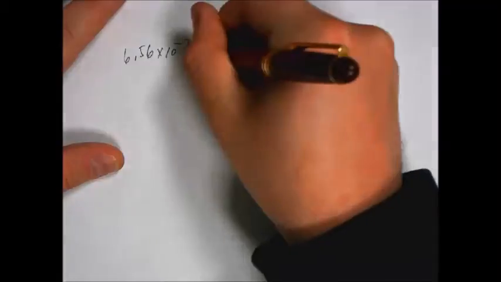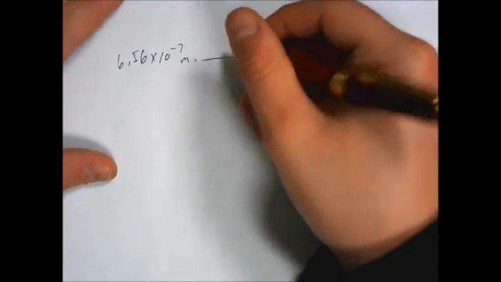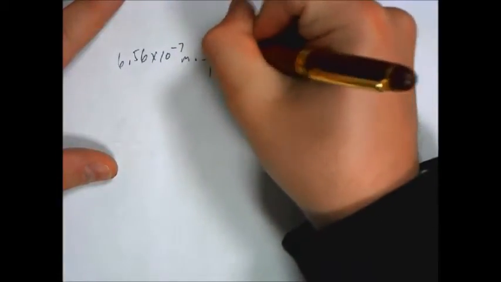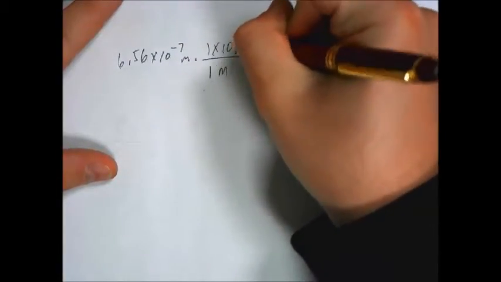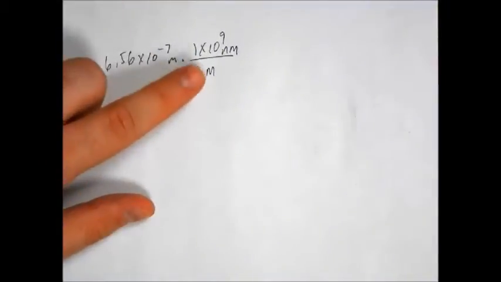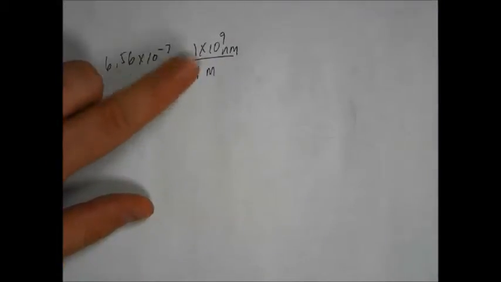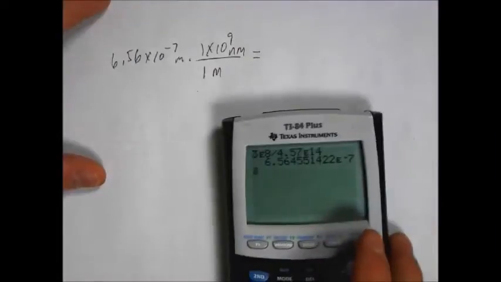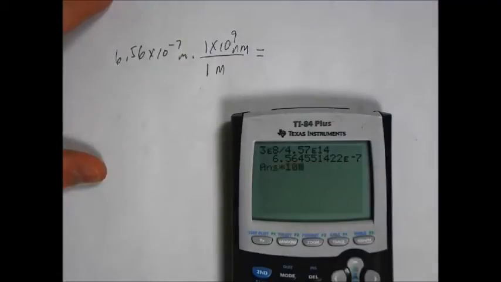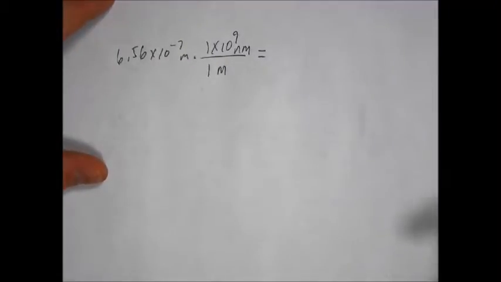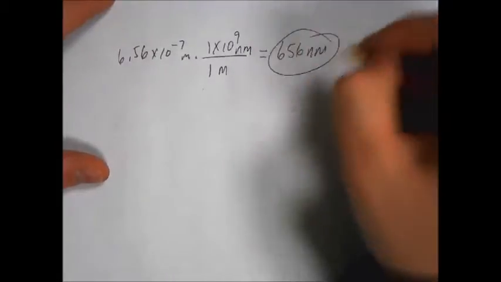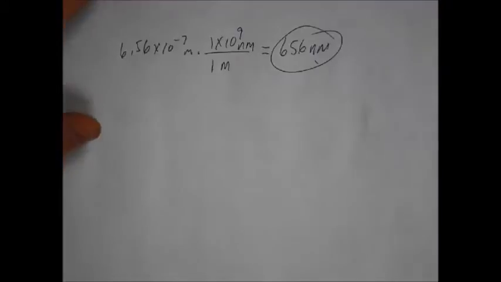So just keep in mind that when you're doing these conversions, for every 1 meter, there is 1 times 10 to the 9th nanometers, okay? So this is the conversion that's very relevant to this type of question, and you should keep this in mind. And not surprisingly, if we multiply this by 10 to the 9th, we are going to get something like 656 nanometers, which is very much in the visible range.